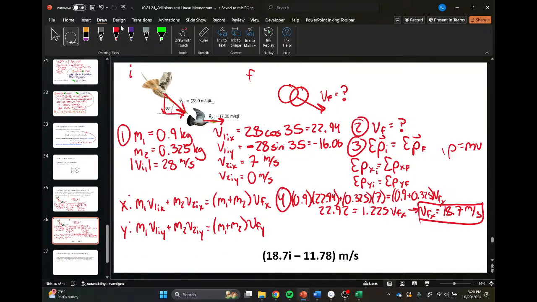Okay, then we do the y component, which is going to be 0.9 times negative 16.06 plus 0 equals 0.9 plus 0.325 times v final y.